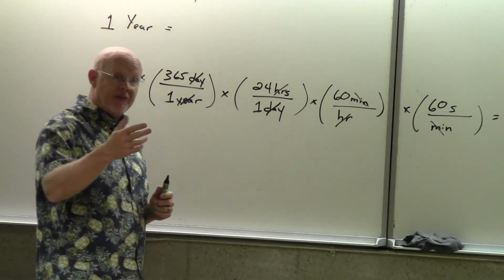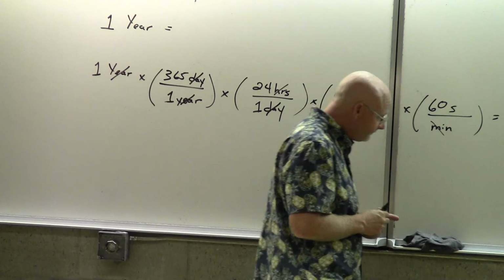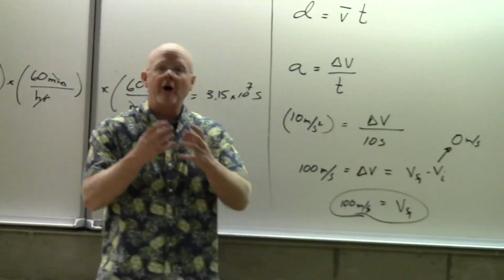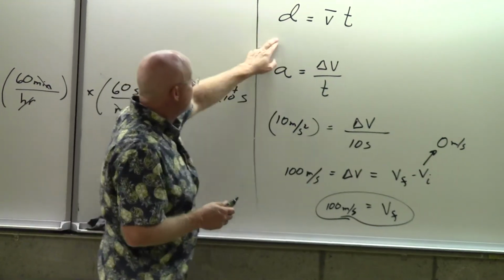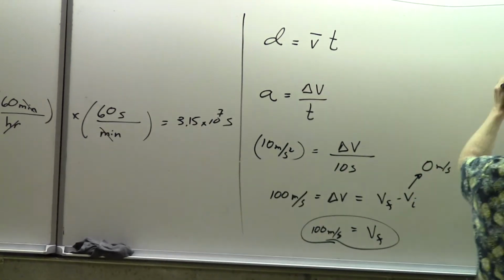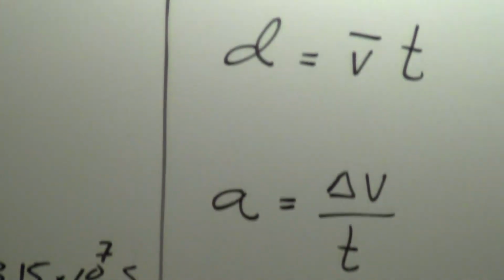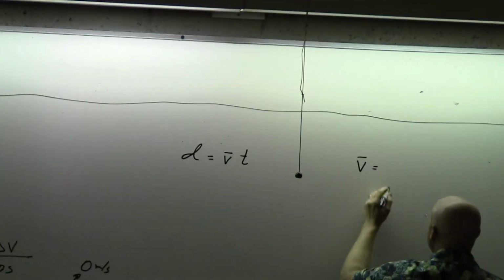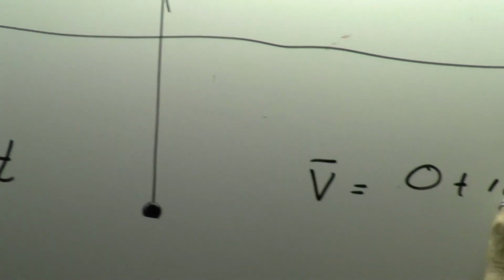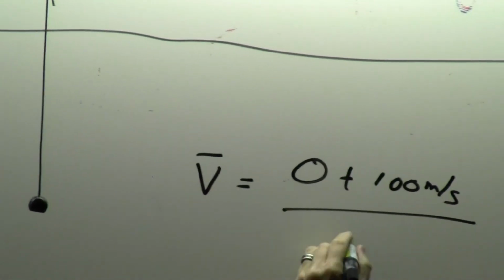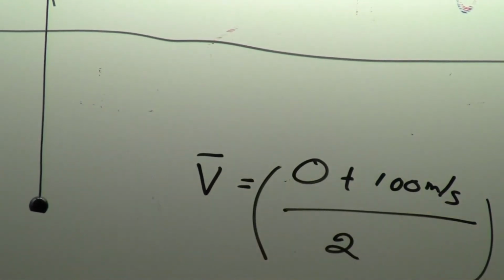Now, staying with this, the second part of this question is, how far did it go? And so how far does it go? I would do this: distance equals the average speed times time. And so maybe I'll come over here and calculate the average speed. I let it go, so that's a 0. And I just figured out that after 10 seconds, it's going 100 meters per second.